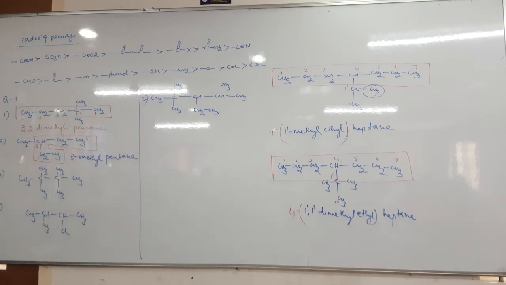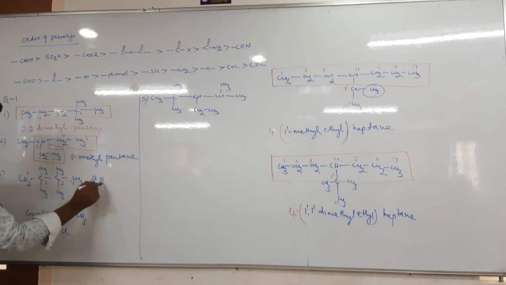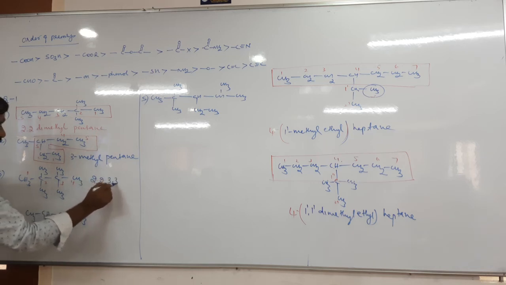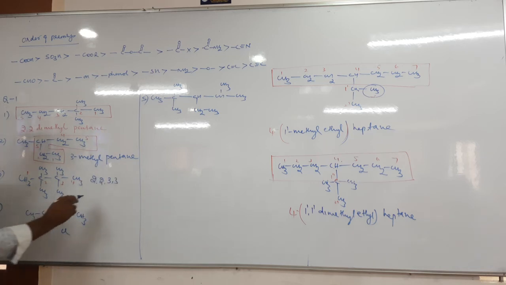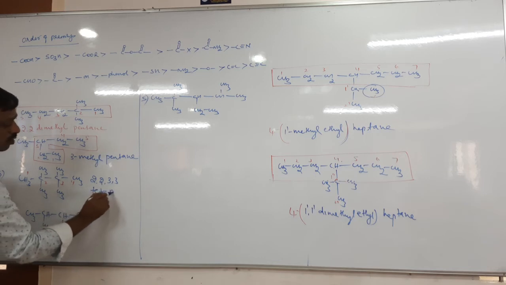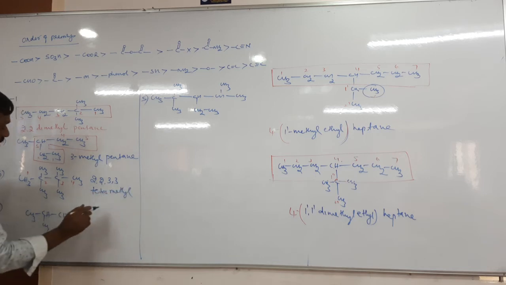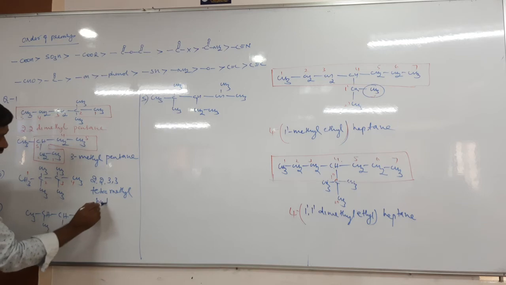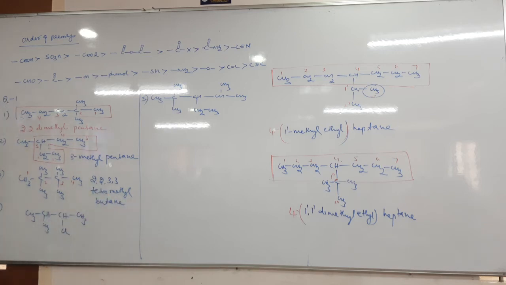Next, it is 1, 2, 3, 4. 2,2,3,3 tetramethyl butane. Okay, next.